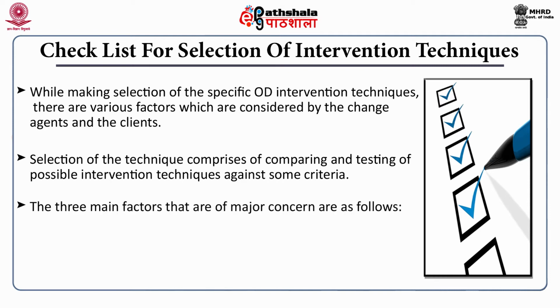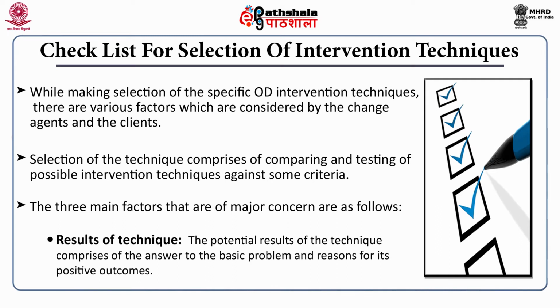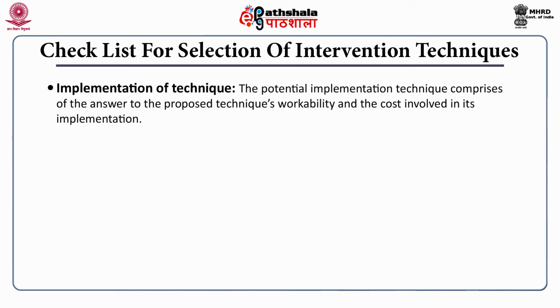The three main factors that are of major concern are as follows. First, results of the technique. The potential results of the technique comprise the answer to the basic problem and the reasons for its positive outcome. Second, implementation of the technique.